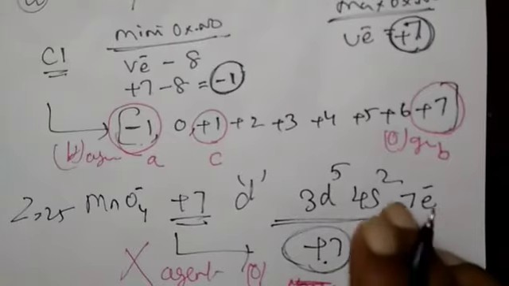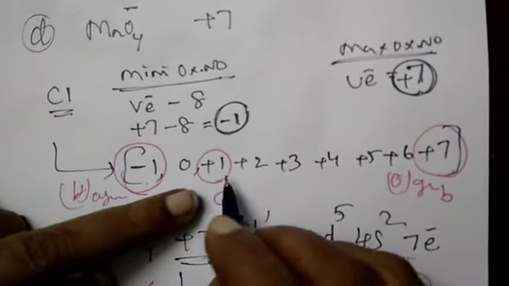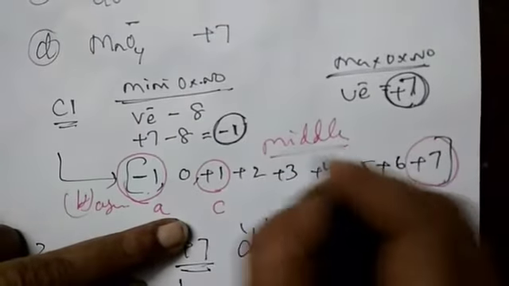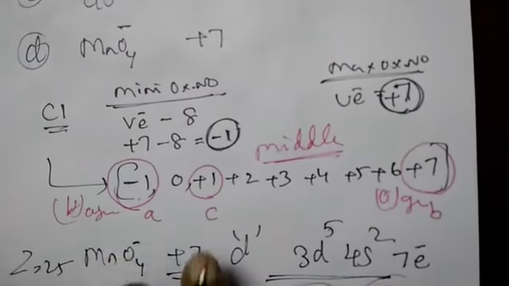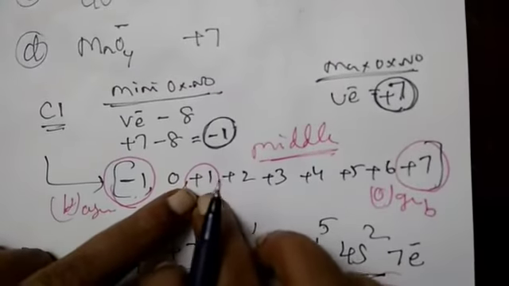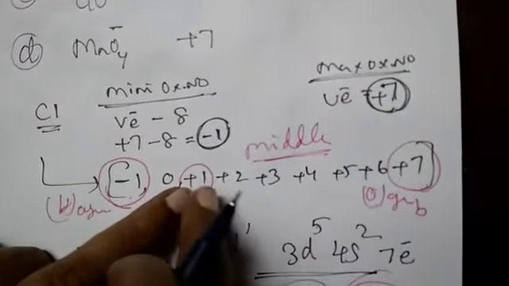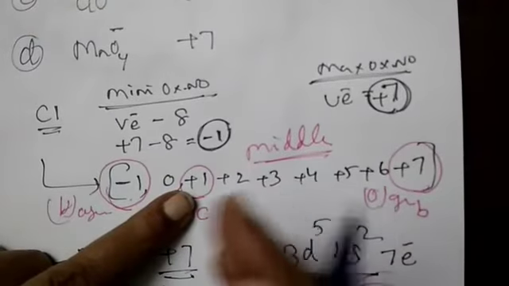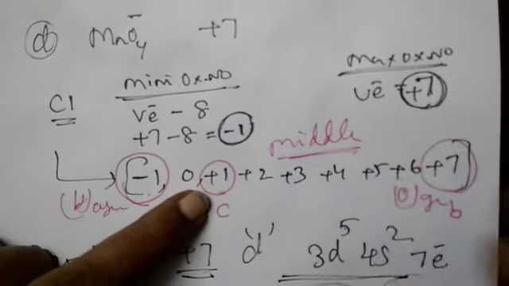So finally, the conclusion is that the oxidation state should be in the middle. Then only it can act as a reducing agent or an oxidizing agent. As a reducing agent, its oxidation number should increase, and it can increase till 7.